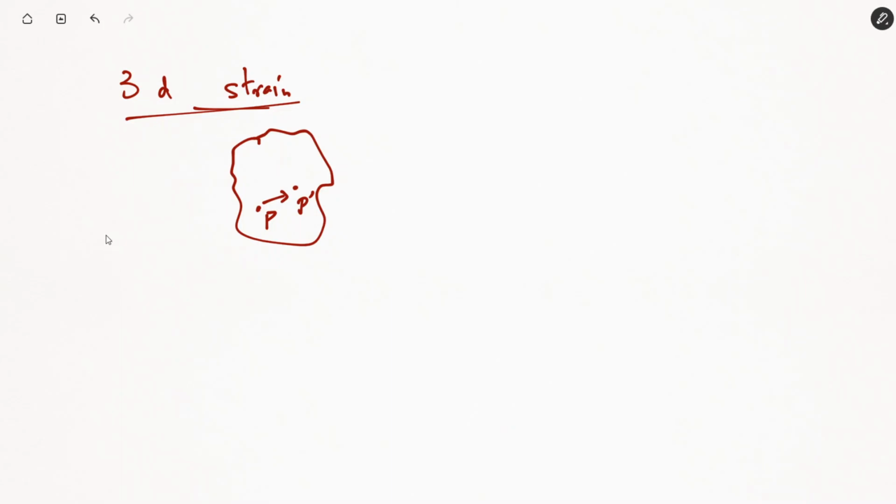So we are interested in finding shear strain at point P. Let us assume a three-dimensional coordinate axis x, y, z. Our point P is here. It gets shifted to P dash.